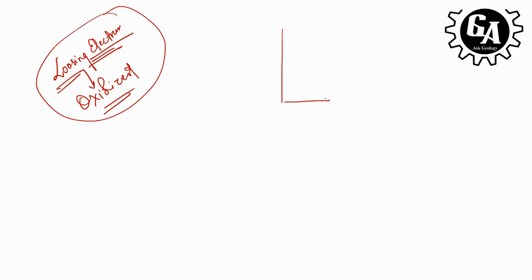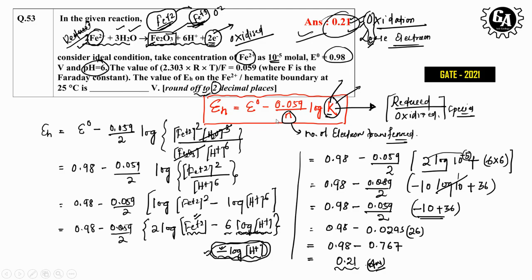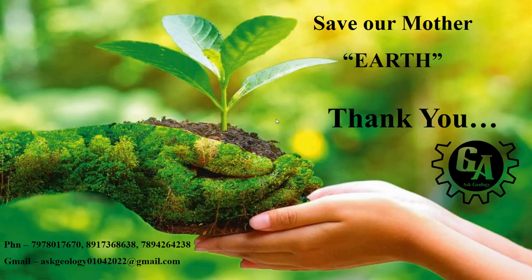Losing electron, one electron will be lost, that will be oxidized. Losing electron is oxidation. And another thing, this is the Eh-pH relationship. So in this case, the answer is 0.21. I wish this is a sufficient explanation.